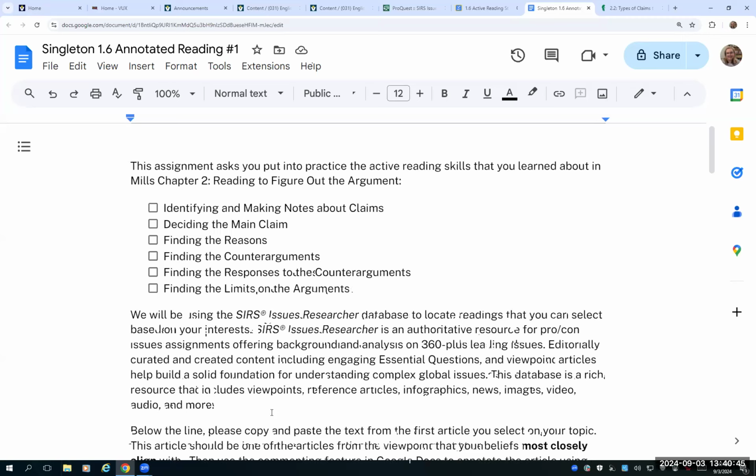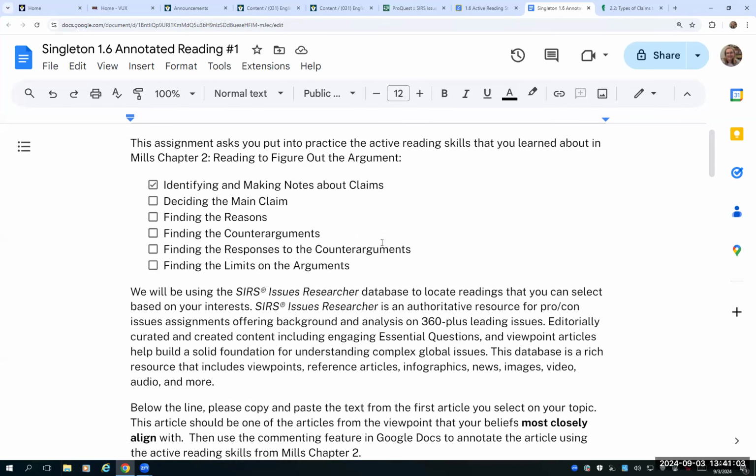So far, all we've talked about is identifying and making notes about claims. That was the claims of policy, claims of fact, claims of value. So I'm going to put a little check mark next to identifying and making notes about claims.